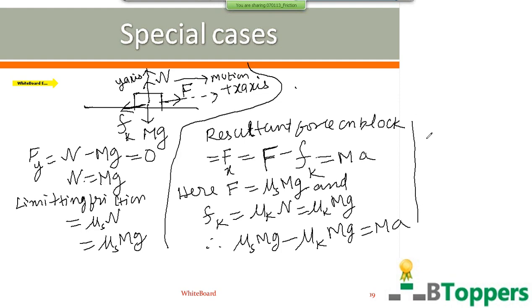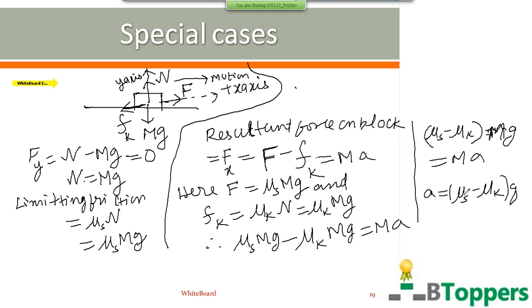Or you can write (mu s minus mu k) into mg equal to mA. So if we divide the equation by mass m, we get acceleration A equal to (mu s minus mu k) into g.